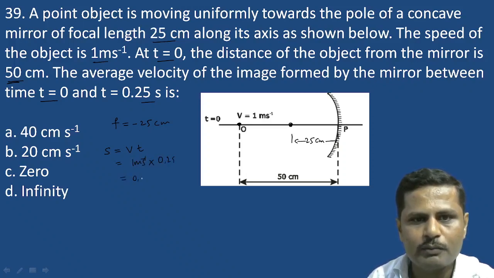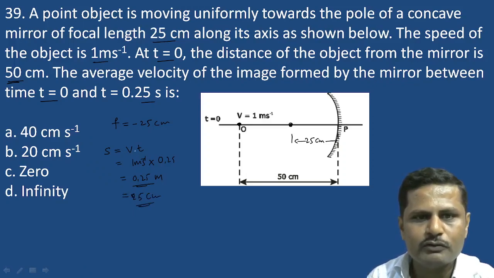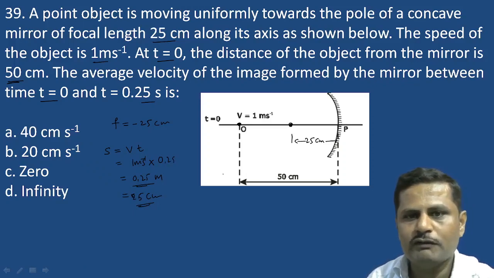So this is equals 0.25 meter, which is nothing but 25 centimeter. So at a time of 0.25 second, the object has moved through a distance of 25 centimeter.